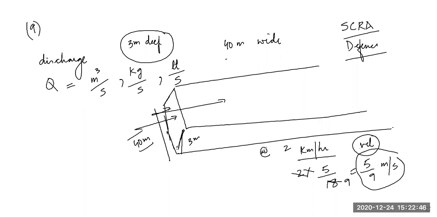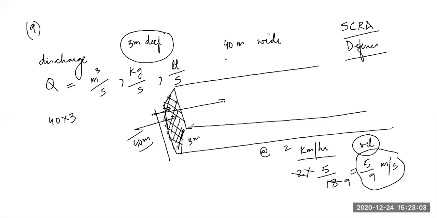All right, so very simple, students. How will we find the discharge? 40 into 3 is the area of this cross section.